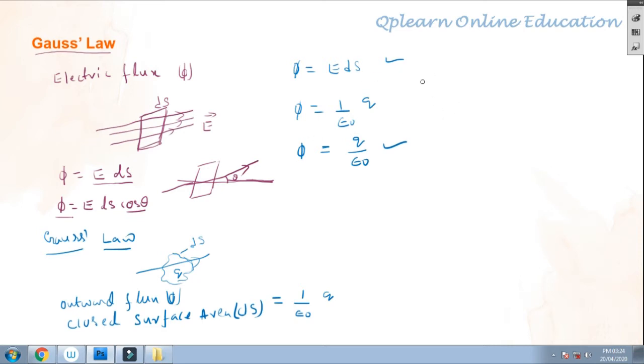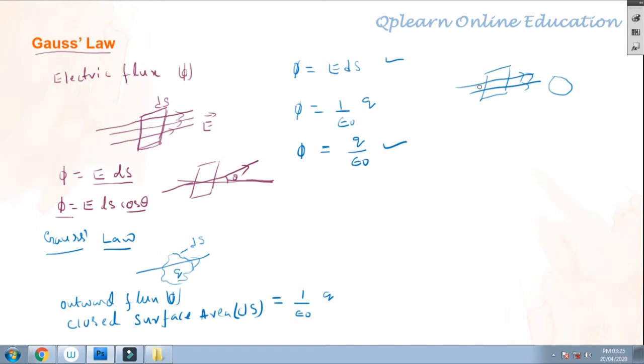According to the definition, if you want to calculate the outward flux in a closed surface area, whether it is a square, rectangle or circle, all these geometrical shapes have formulas. For example, area of the circle is pi r square, square is L square, rectangle is length into breadth.